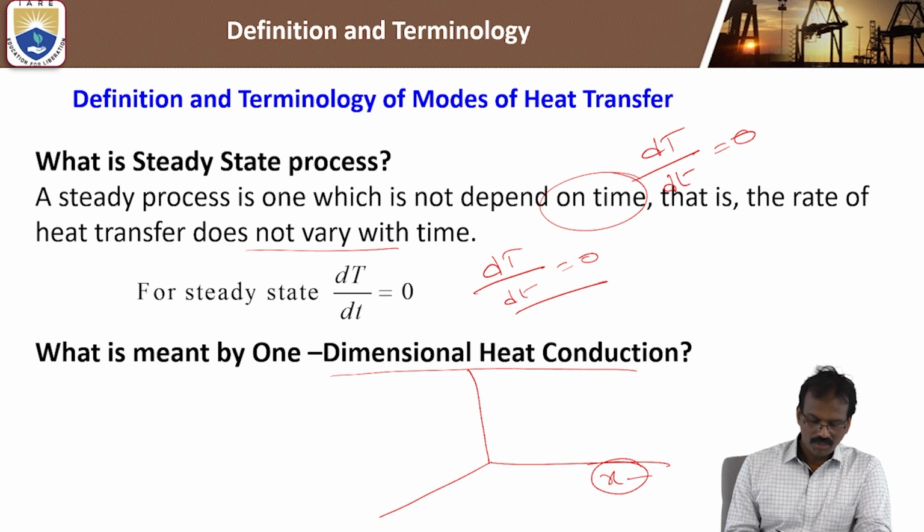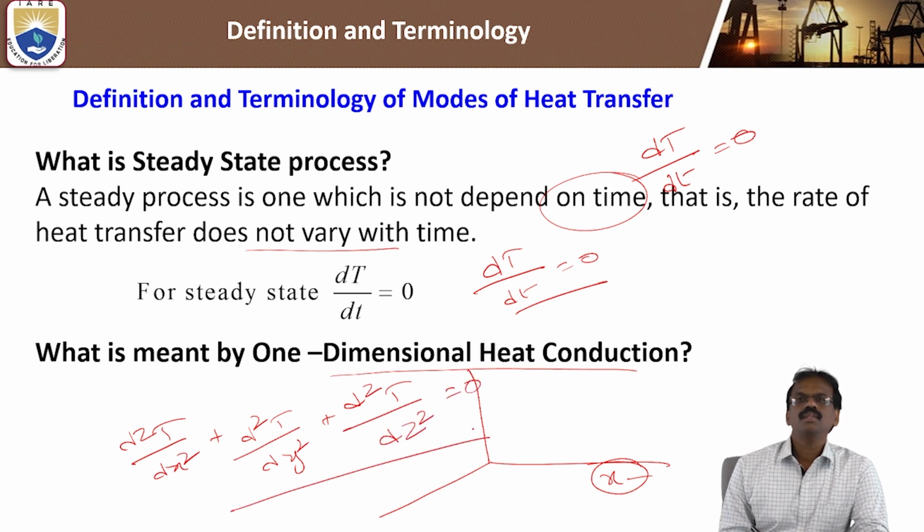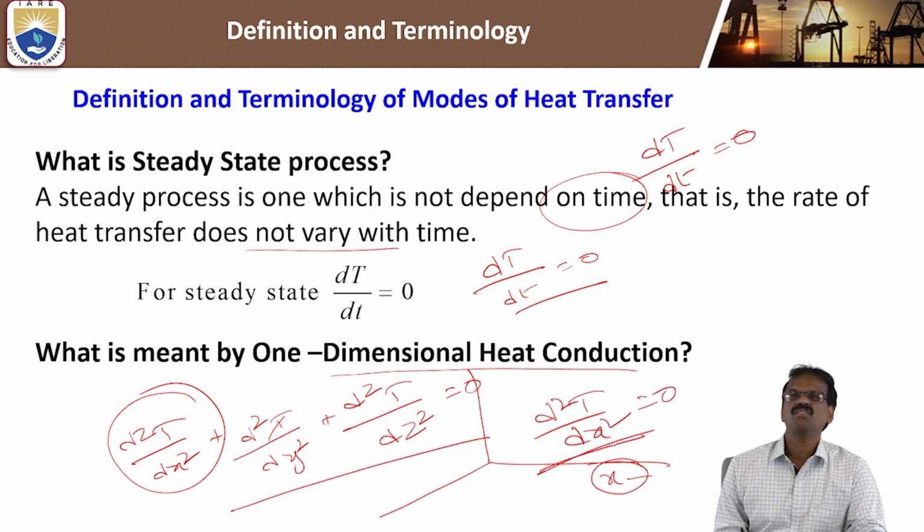We know the Laplace equation: del square T by del x square plus del square T by del y square plus del square T by del z square. This shows the heat conduction in three directions: x direction, y direction, and z direction. If you consider only d square T by dx square, then this is the one dimensional heat conduction equation.